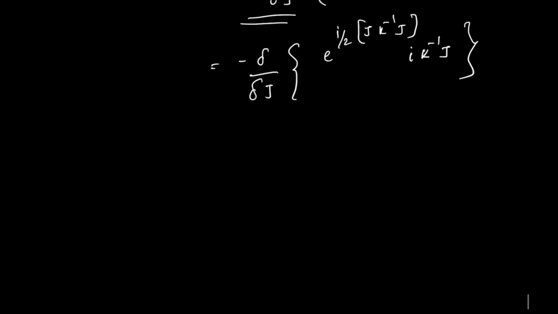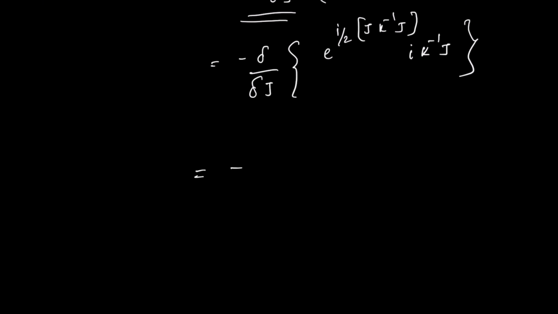Now I have to take one more derivative. First I will do the derivative of the exponential. Derivative of the exponential will be e raised to I by 2 J K inverse J itself, right?